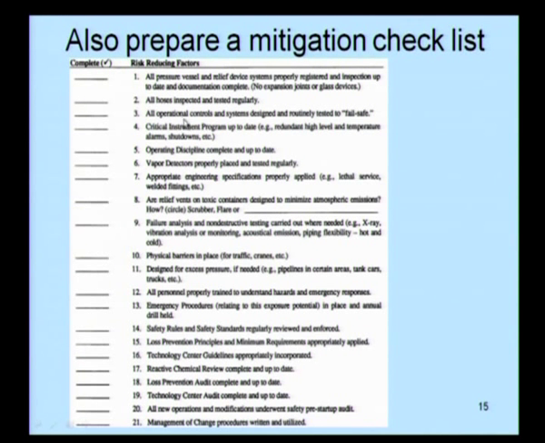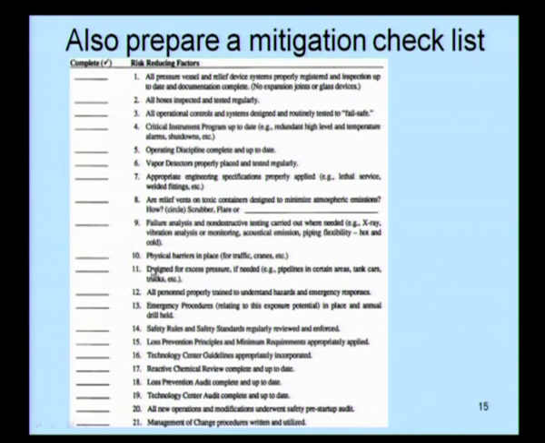Whether all operational controls and systems are designed and routinely tested to fail safe, whether the critical instrumentation program is up to date, whether operating discipline is complete and up to date, whether vapor detectors are properly placed and tested regularly, whether appropriate engineering specifications are properly applied, whether all the relief valves and toxic containers are designed to minimize atmospheric emission, whether failure analysis and non-destructive testing have been carried out.